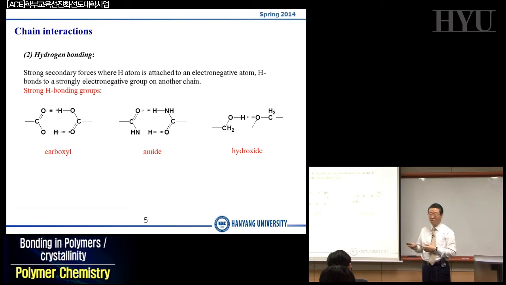If it's ketone, it appears at around 1715, but because of the hydrogen bonding, this carbonyl appears around 1650 or 1655, something like that. So about 60 reciprocal centimeter lower is the place where the carbonyl appears.